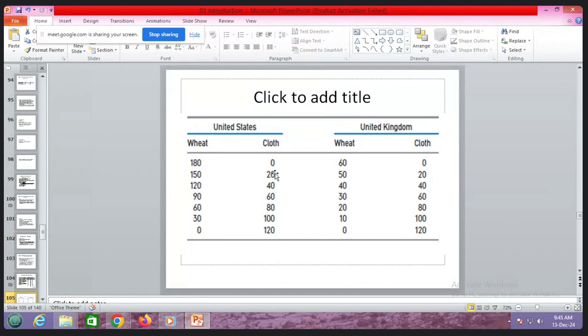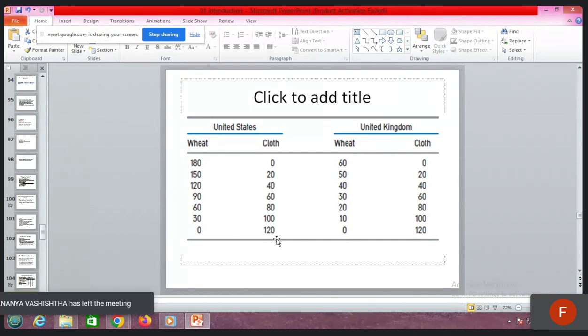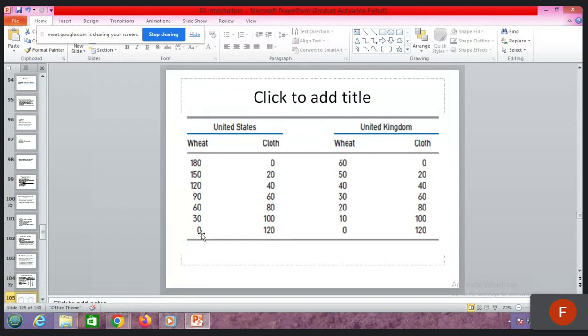So if it has to go from 20 to 40, 150 to 120, it has to reduce 30 units here. 40 to 60, again 30 units it has to release here. Again 60 to 80, 30 units. Similarly, the maximum amount of cloth that US can produce is 120 with zero wheat.